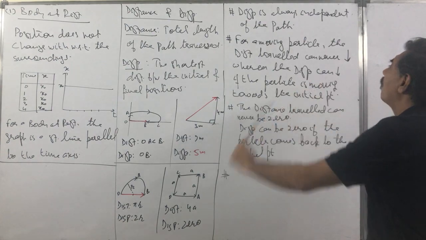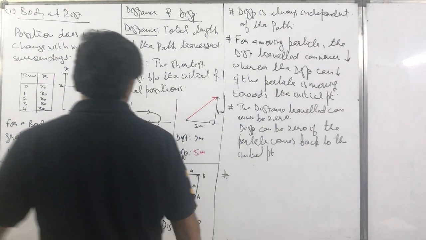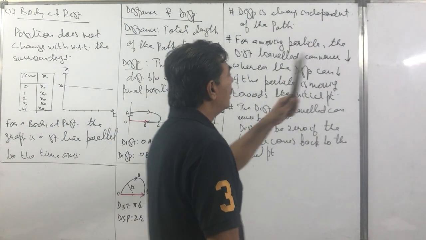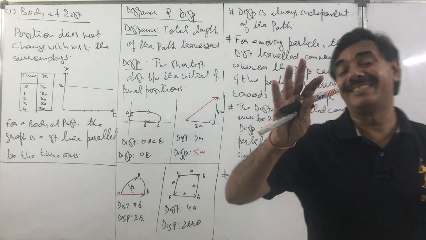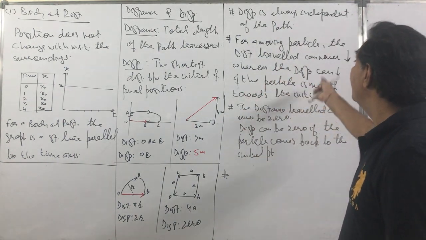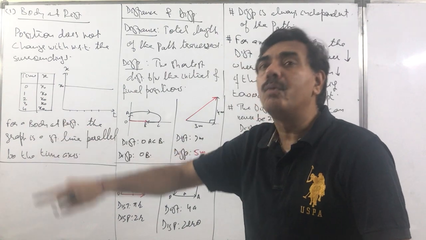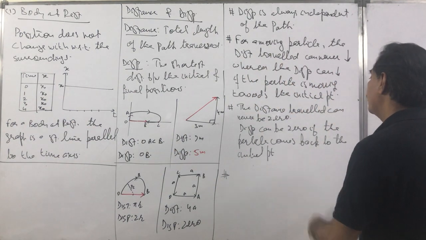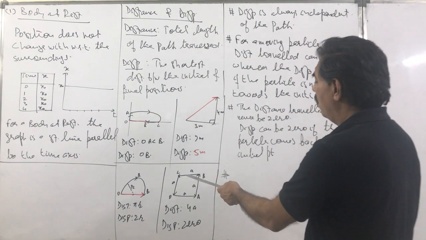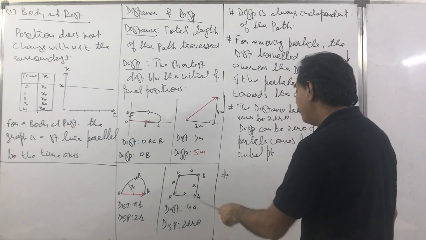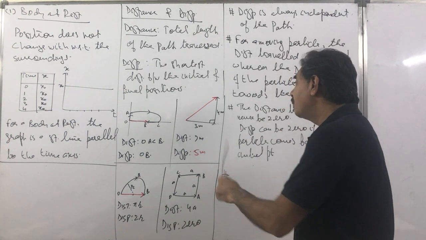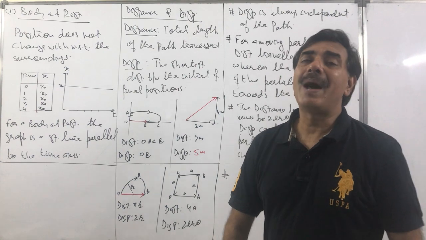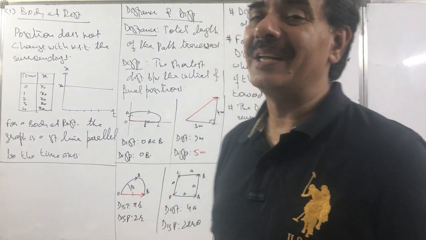The displacement is always independent of the path. For a moving particle, the distance traveled can never decrease, whereas the displacement can decrease if the particle moves back towards the origin. The distance traveled can never be 0, but the displacement can be 0 if the particle comes back to the original point.